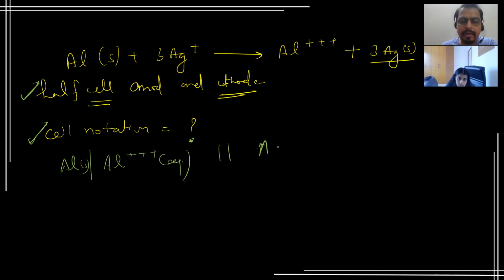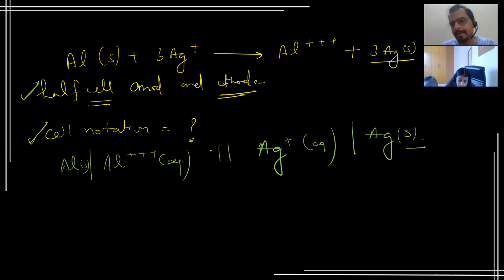After that, Ag plus aqueous, Ag solid. Basically, this is the complete cell notation. So you have opted aluminium at anode and silver at cathode.